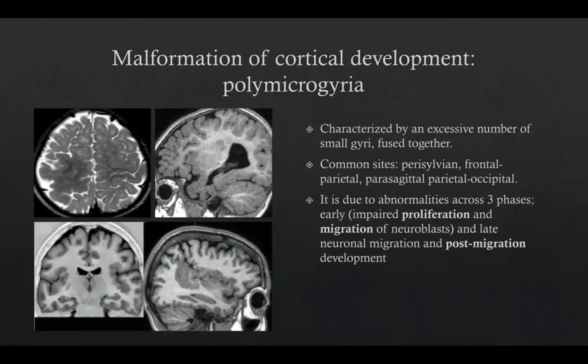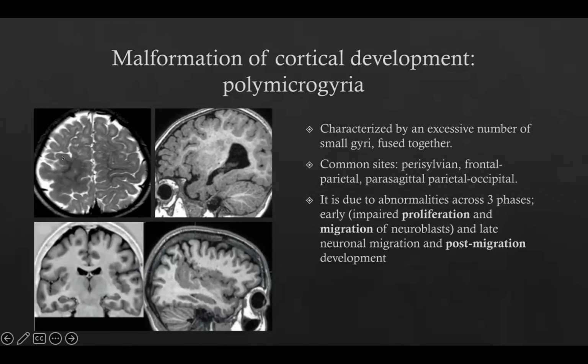Okay, next is polymicrogyria. Polymicrogyria is basically an abnormal, excessive number of small gyri. It can be seen along the perisylvian region and commonly also at the parasagittal parietal-occipital region. If you look at the top image, compare with the normal sulcus and gyrus, where you see gray and white matter.